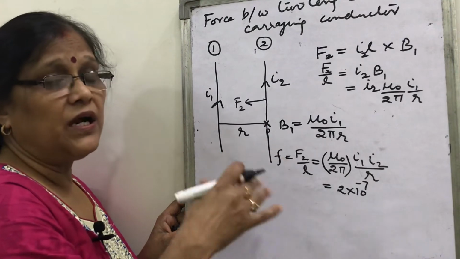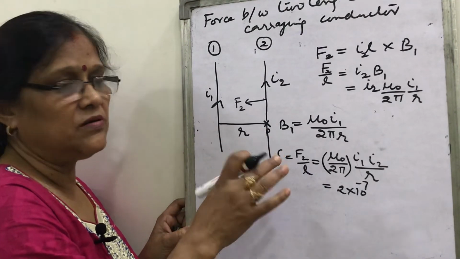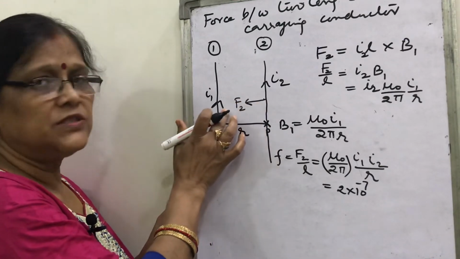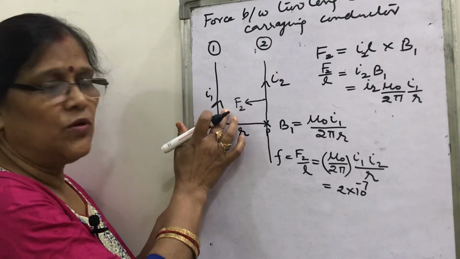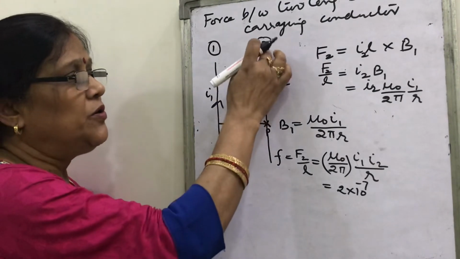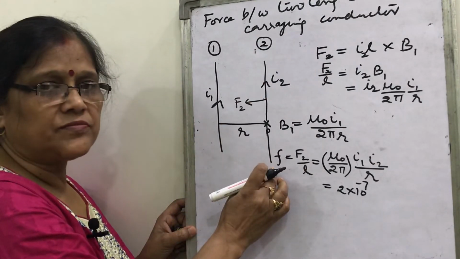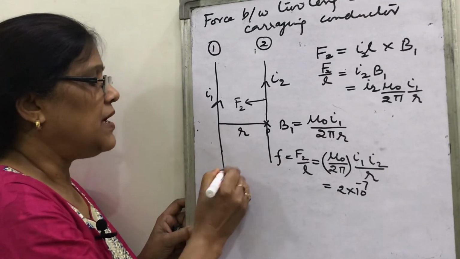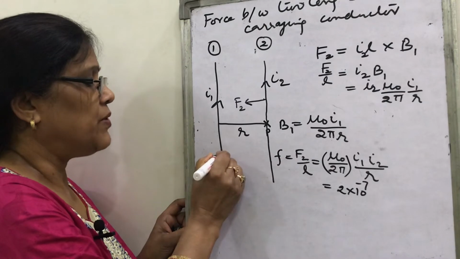Listen, why attraction or repulsion? Look, this is the force acting towards the wire 1. What will be here? Due to the second wire, suppose I take a point P dash here.